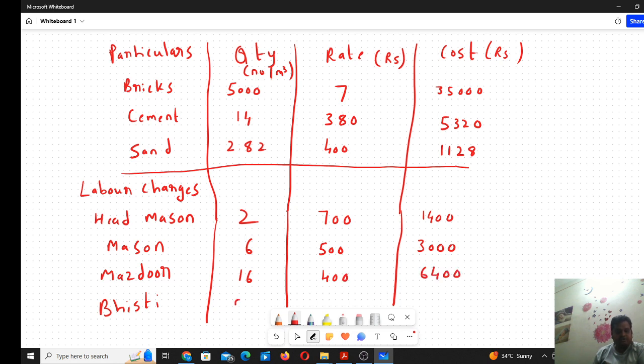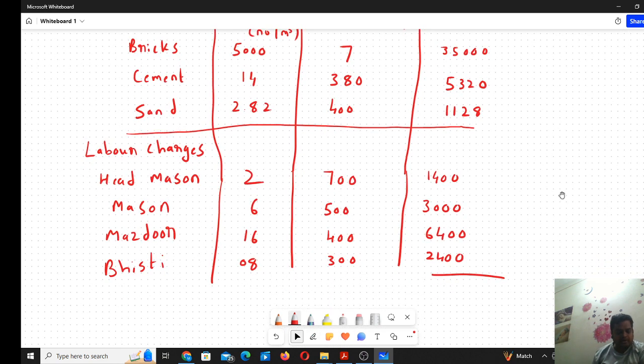Then bishti I require 8 and I am considering 300 per day, so this is 2400. Now when you add all these, the cost incurred comes out to be 44,648 rupees. So this is the total cost now.